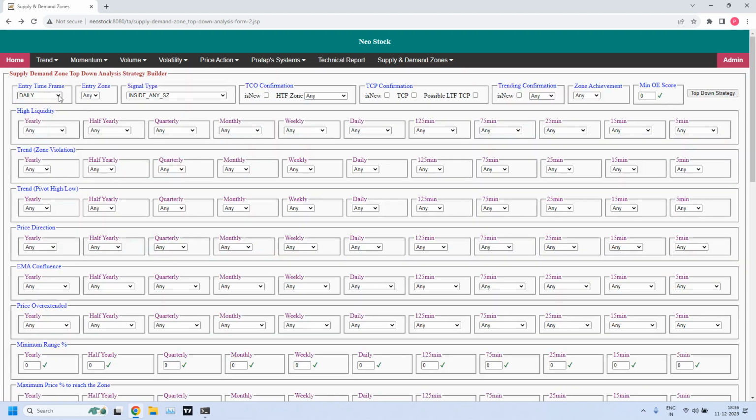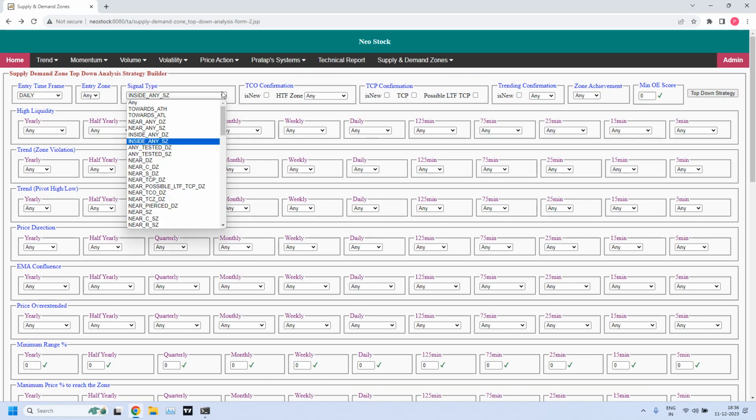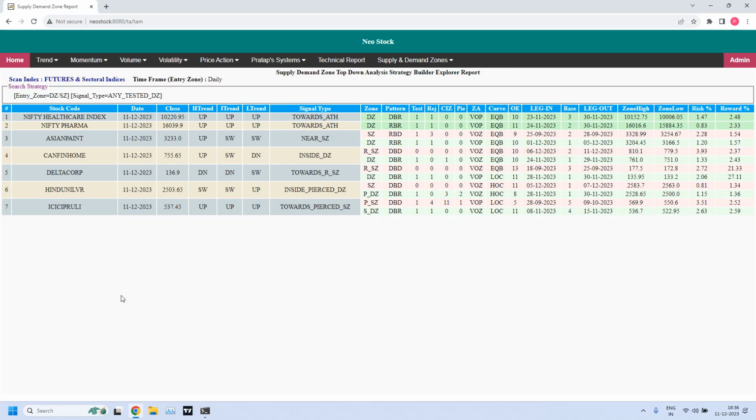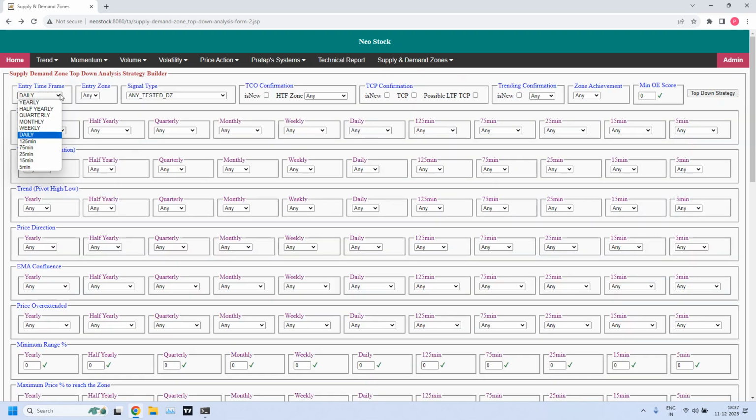So let's go back. Entry time frame is daily. Let us find the tested daily demand zones. So these 7 demand zones are tested today. Let's go back. Entry time frame is daily.